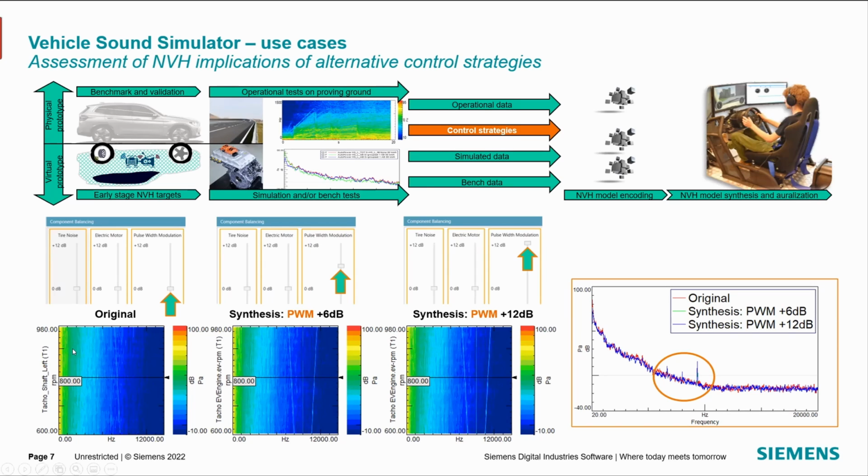And in this case, for example, for those who are familiar with these control strategies, such as switching frequency of an electric machine can give rise to so-called pulse width modulation orders, which appear a bit in this fashion, like very high tonal components that, although very high in frequency, might also be audible and perceived as quite annoying because they are very high and high pitch.